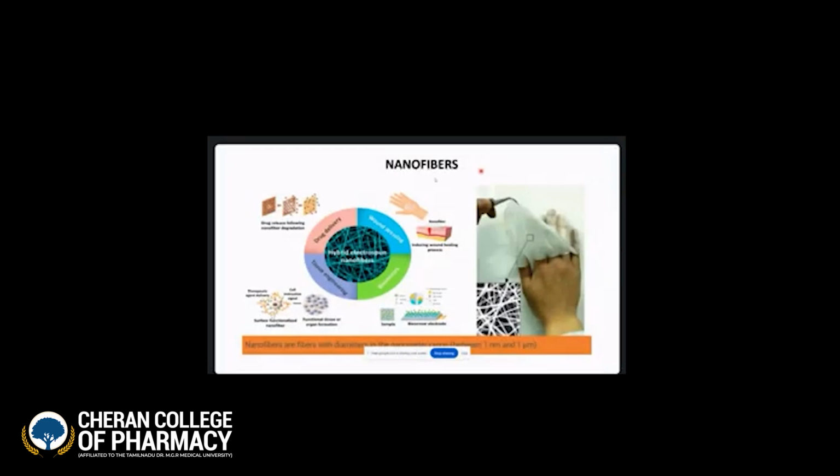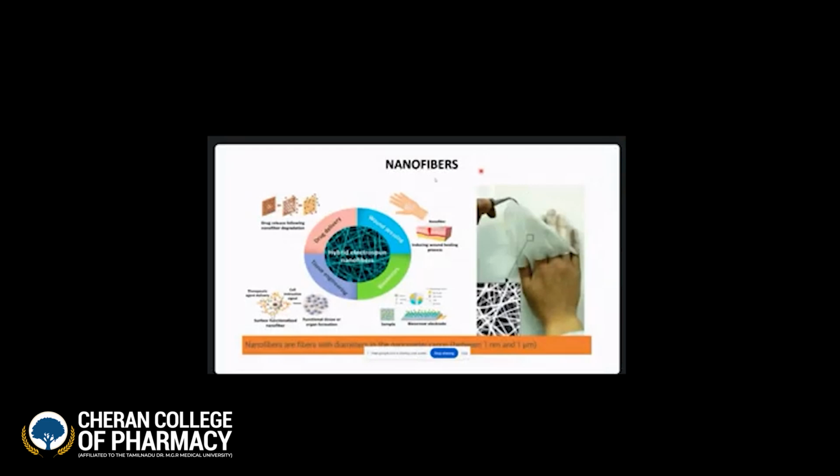So we can select the polymer based on your objective and what type of drug you want to form into nanofiber. Protein-based polymers, carbohydrate-based polymers, and some synthetic polymers are available. We need to check as per your objective what you want to do.